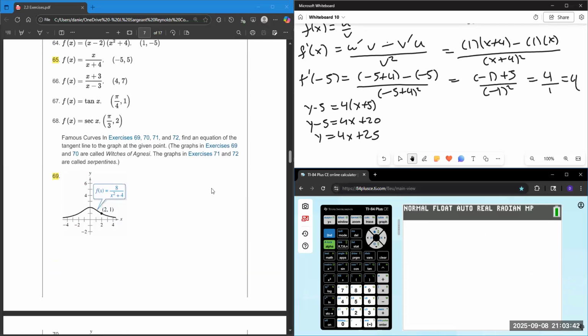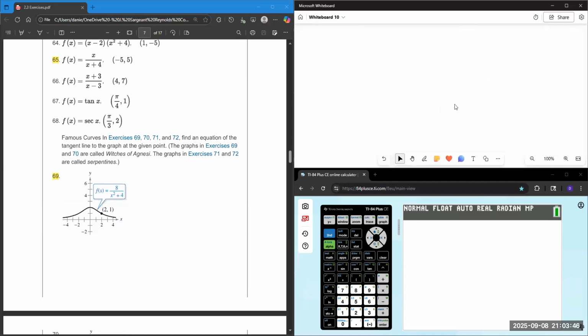So let's move on to number 69 here. And f of x is equal to 8 over x squared plus 4. And we want to find the equation of the tangent line at the point 2, 1. So u is 8 and v is x squared plus 4. U prime is 0 and v prime is 2x.